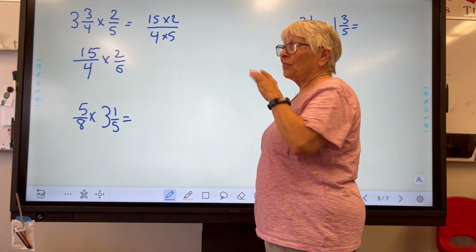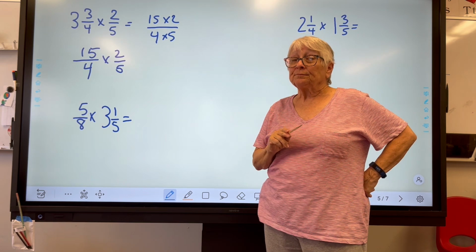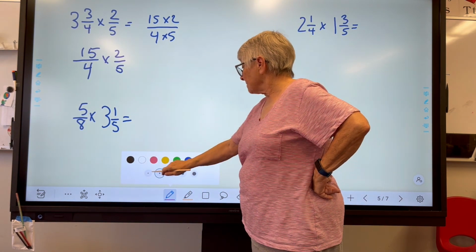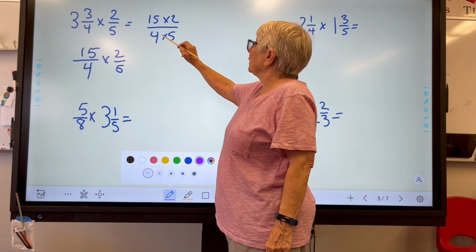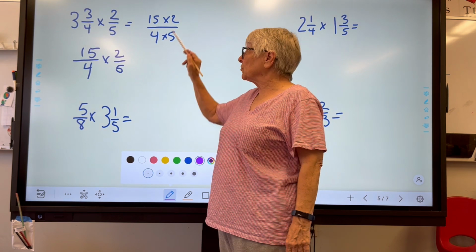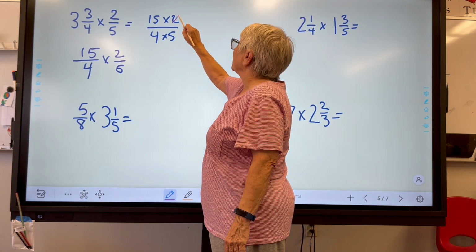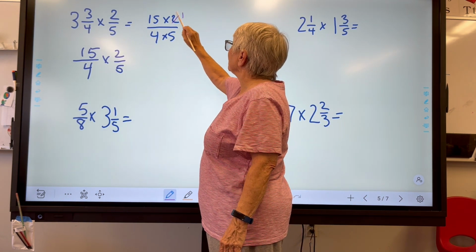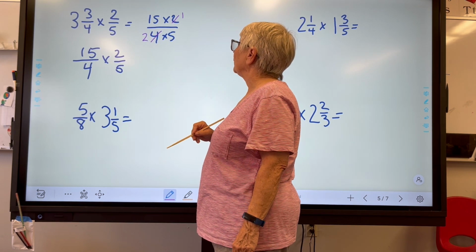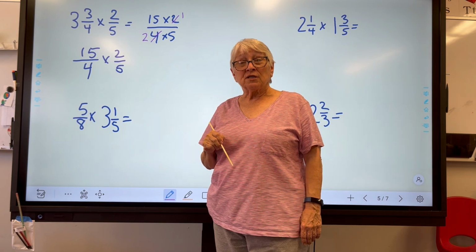Well, I see some pre-reducing here. And we're going to go ahead and do that. The 4 doesn't go into the 15, and it doesn't go into the 2. But the 2 does go into the 4. So we can say 2 divided by 2 is 1. 4 divided by 2 is 2. And the 5 goes into the 15 as well.